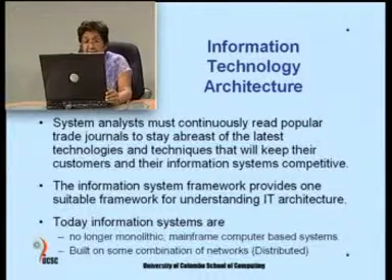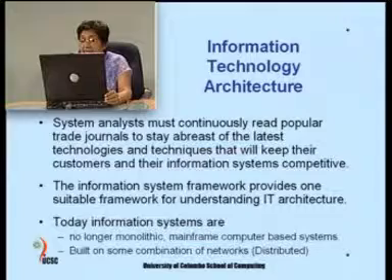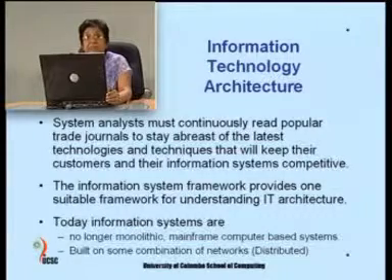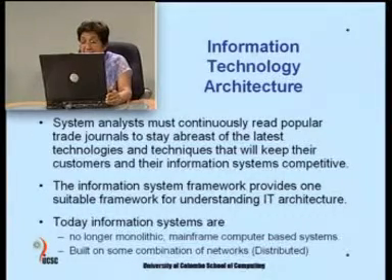The information systems framework provides one suitable framework for understanding IT architecture. Today, information systems are no longer monolithic. Monolithic means single systems, mainframe computer based systems, whereas today systems are built on some combination of networks which are distributed.